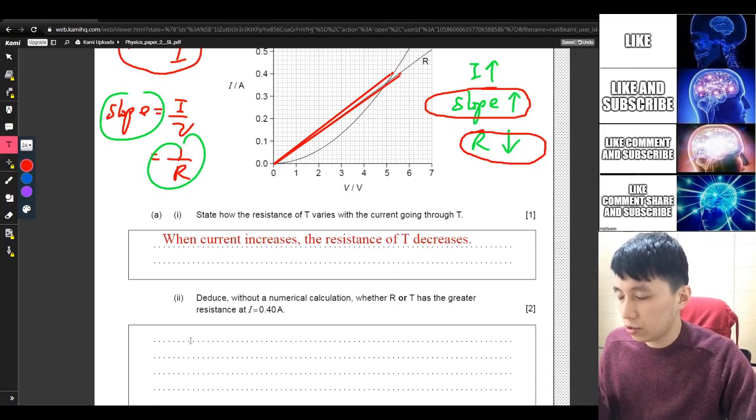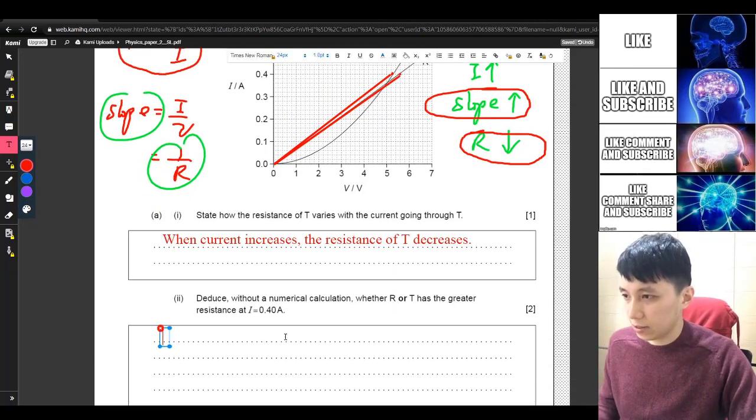Again, you should not be showing the calculation, so you should show how you can find this.